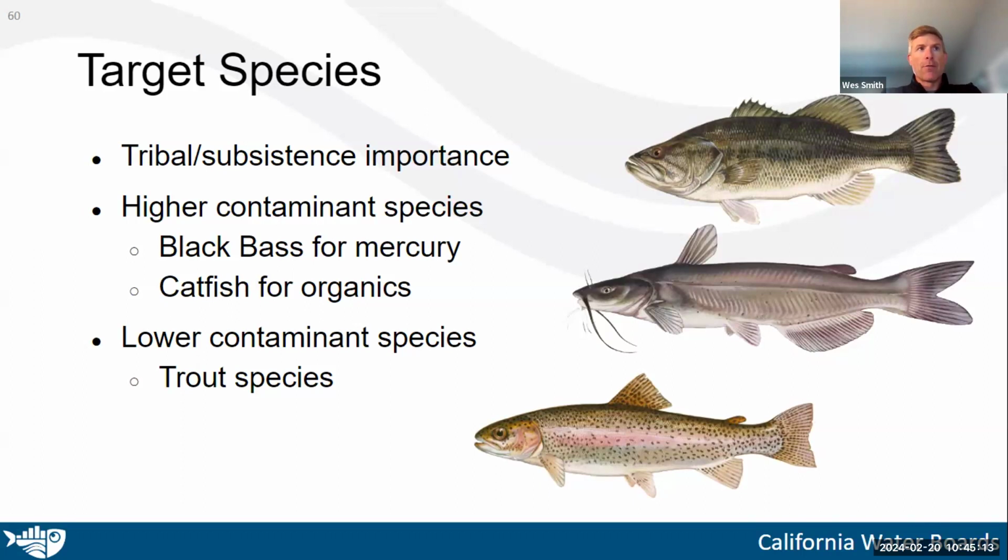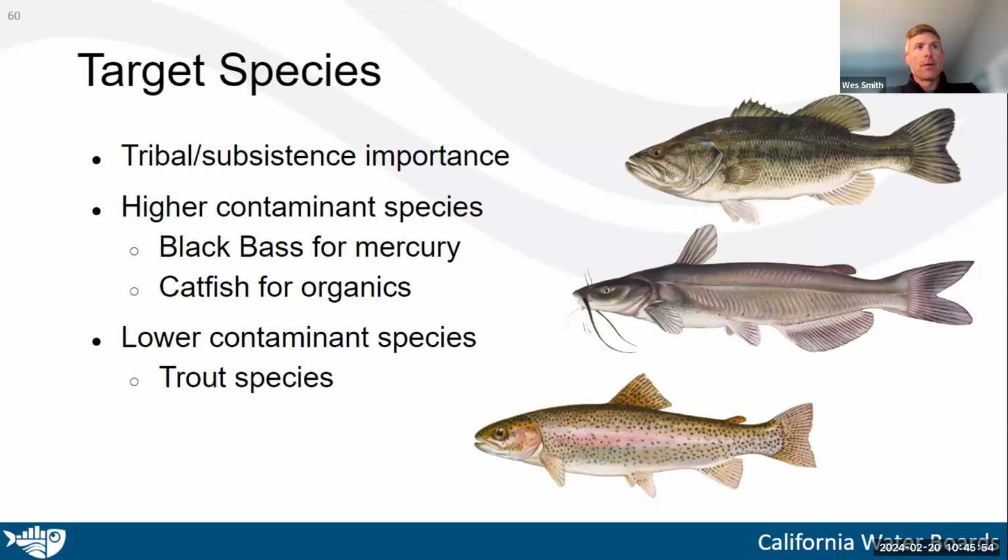We generally try to look for tribally important or subsistence-important species, so that we get a good understanding of what people are eating and collecting. That's sometimes hard for us, since most of us are in Sacramento, so we rely on different groups, whether water body managers, local tribal communities, non-government organizations, or regional water boards, to provide us with site-specific information.